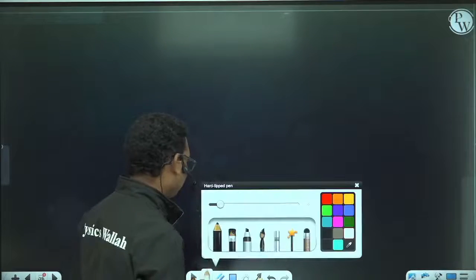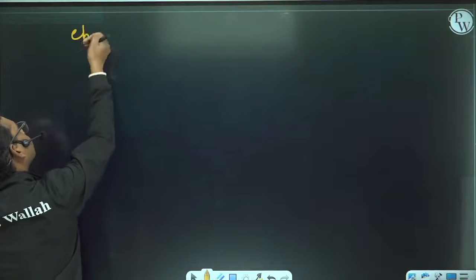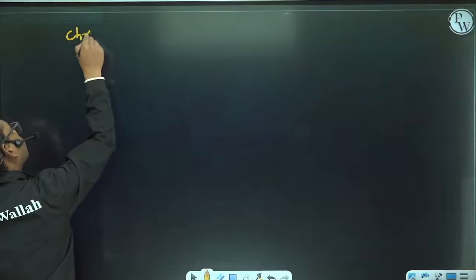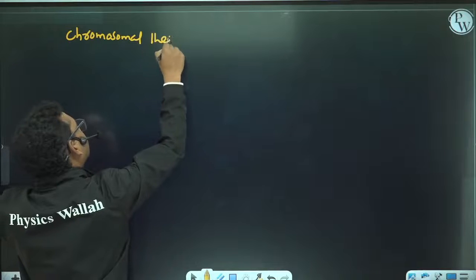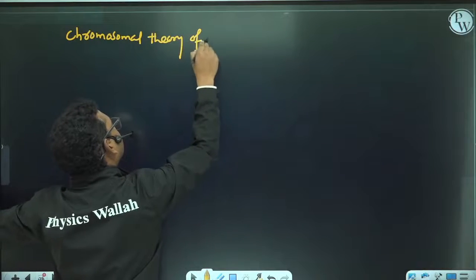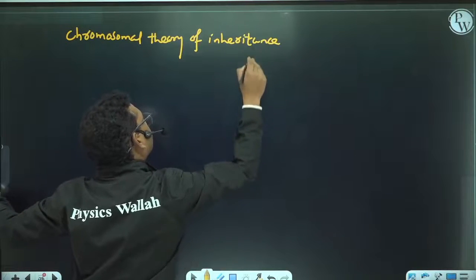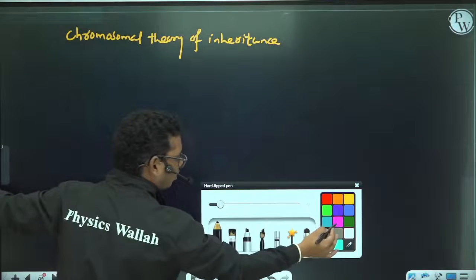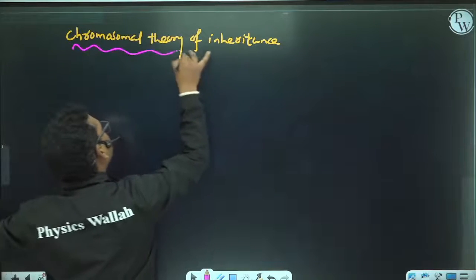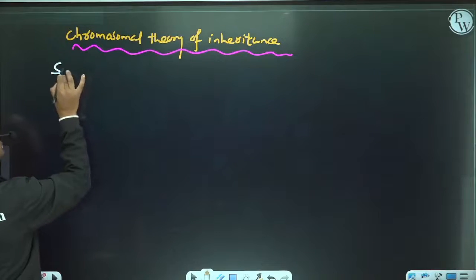So let me write that part. The chromosomal theory of inheritance was proposed by Sutton and Boveri.